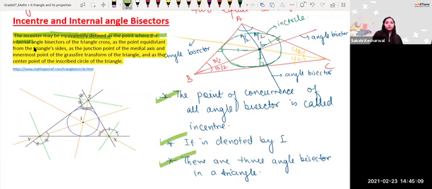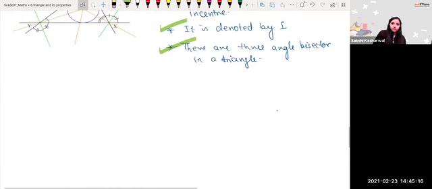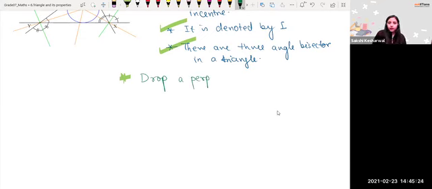If you drop a perpendicular, I'll write it down for you. Perpendiculars from the incenter to the sides are equal.